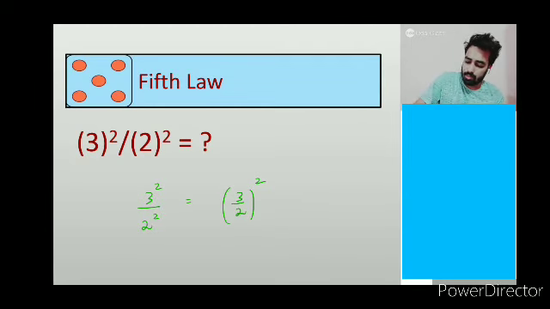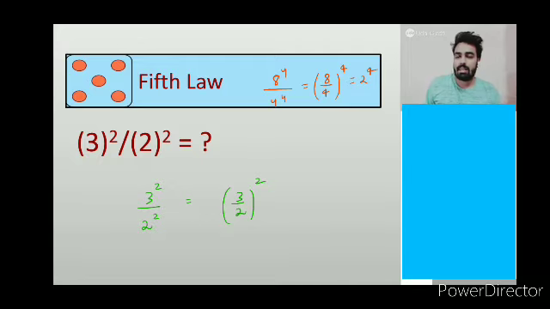Like 8 power 4 divided by 4 power 4: you can write it as 8 by 4 power 4, or as 2 power 4. Fifth law and sixth law are similar. If the powers are same, we can either do multiplication first or division first. ठीक है? Clear?